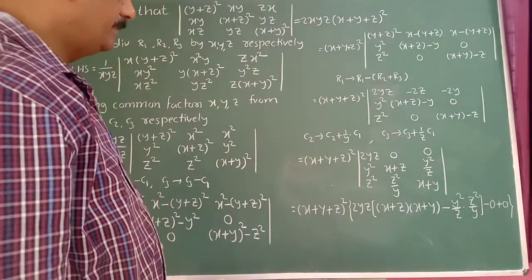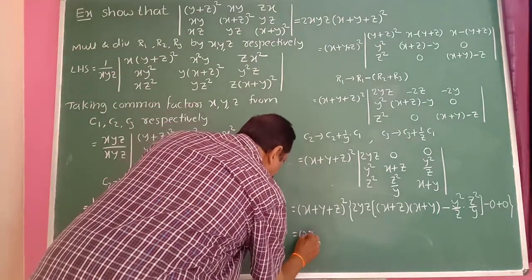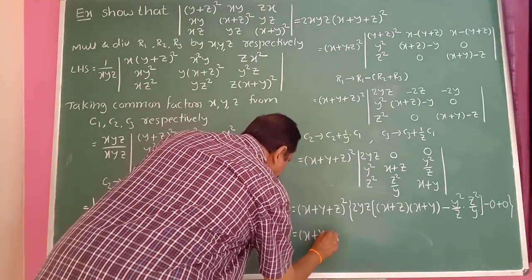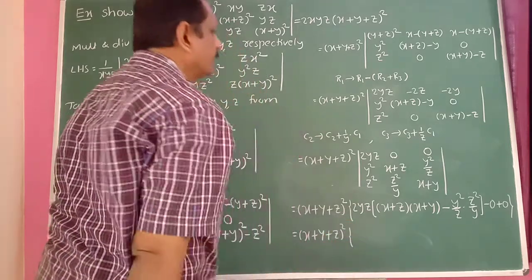Now you simplify. Therefore, this equals (x plus y plus z) whole square into bracket.